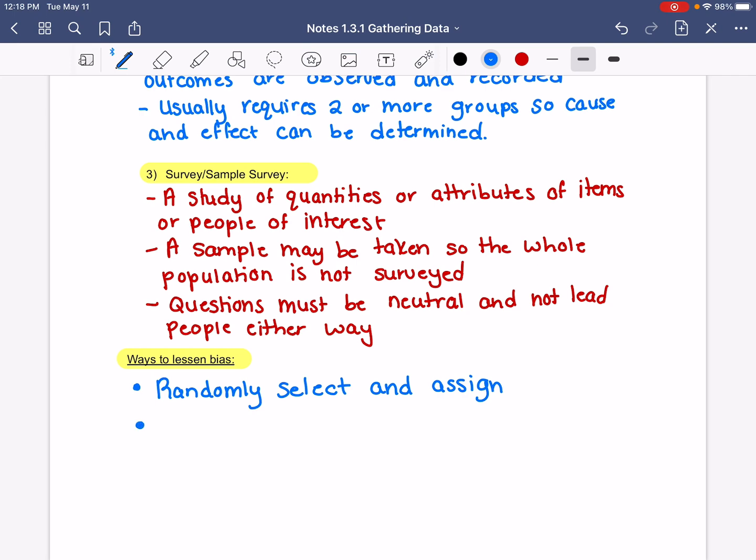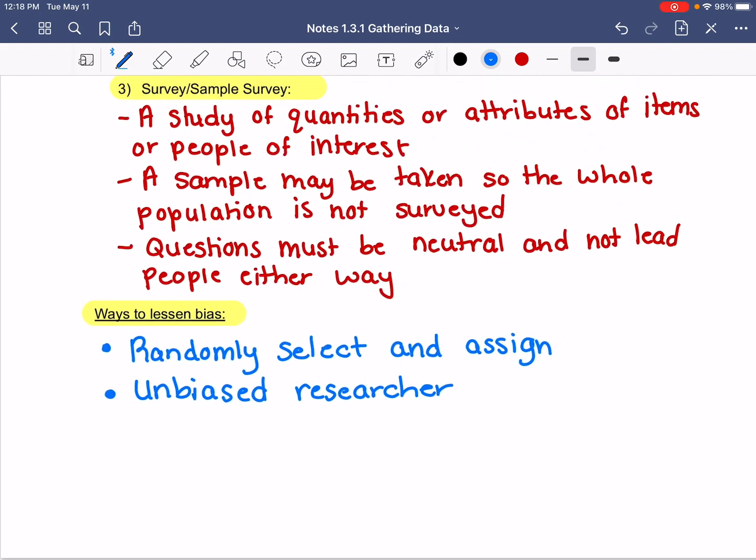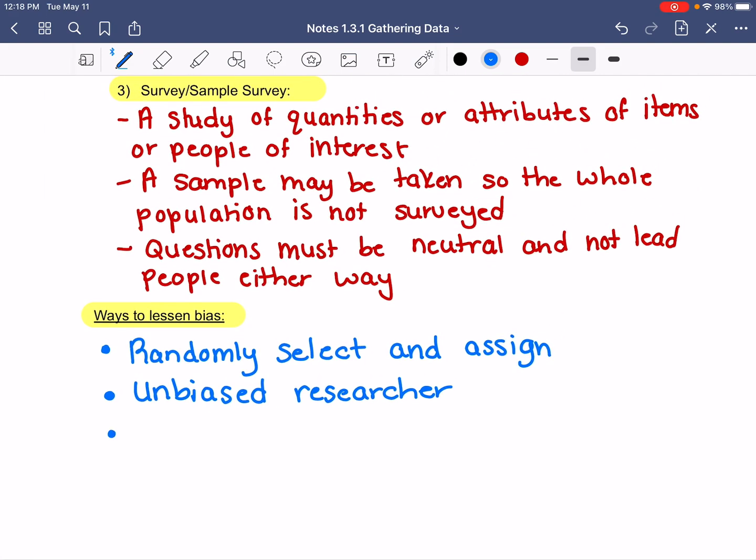Another way to lessen bias would be to have an unbiased researcher. Like if I was asking you how much time you spent on your homework last night, you might not want to tell me the truth compared to someone else. Then you can also make sure that you ask non-leading questions.